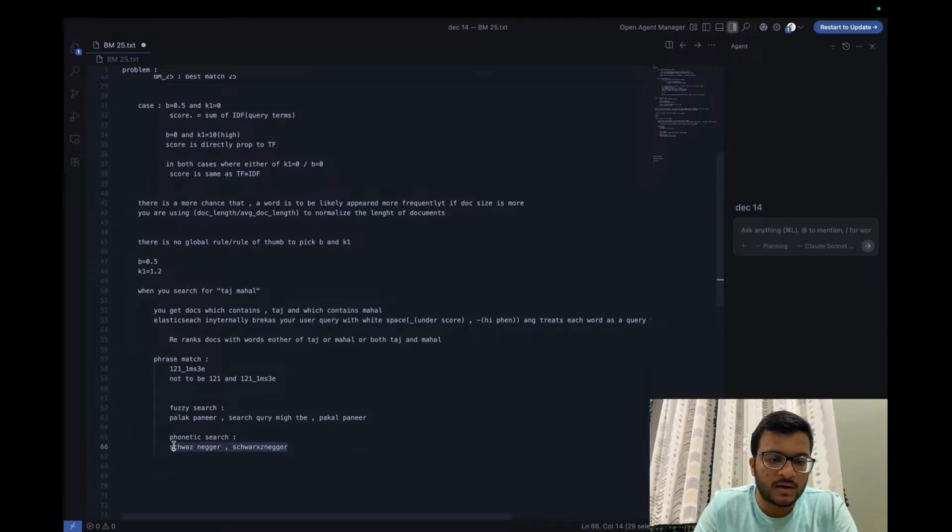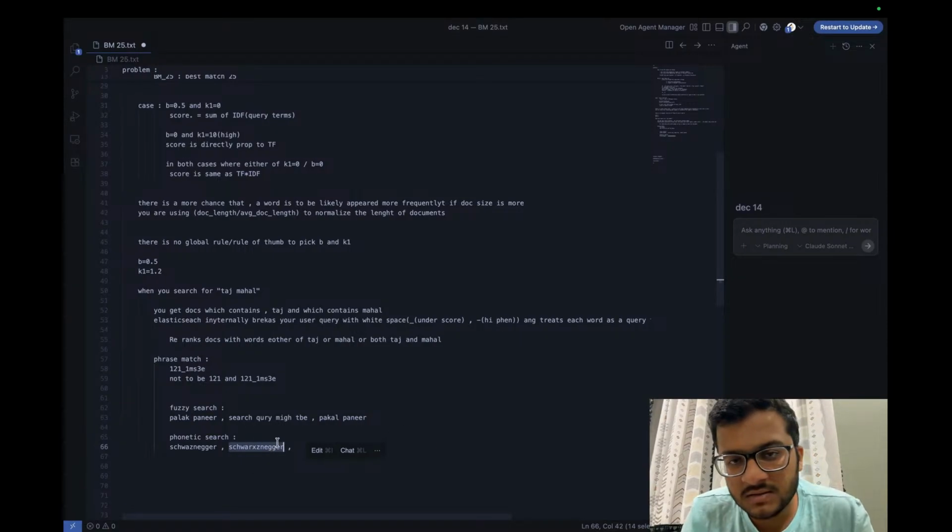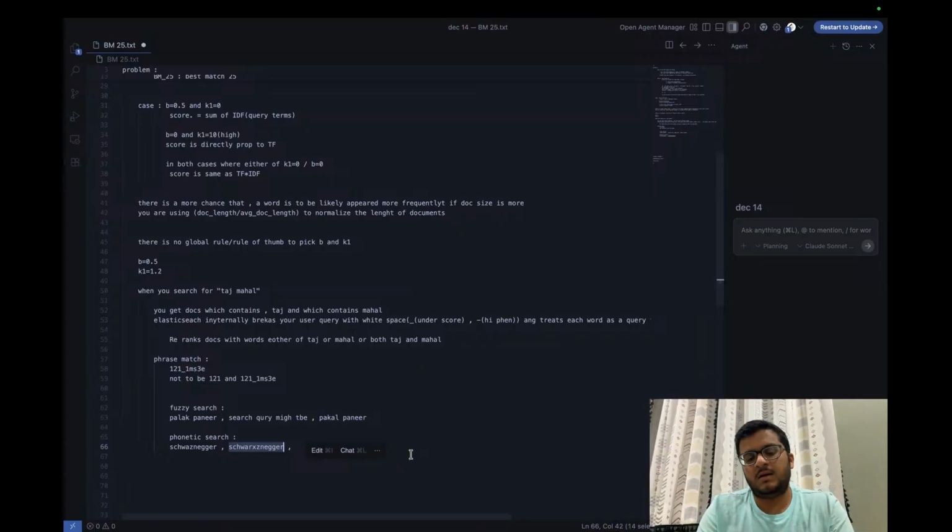Nobody can do it right because it's a very difficult word to pronounce. But if you search on this, you'll get zero chunks because it doesn't match the original name of Schwarzenegger.